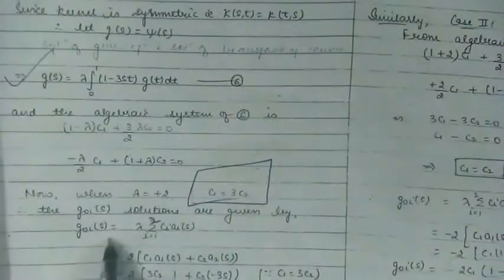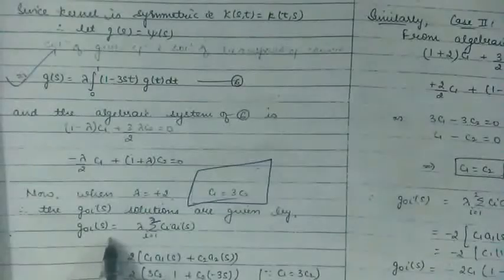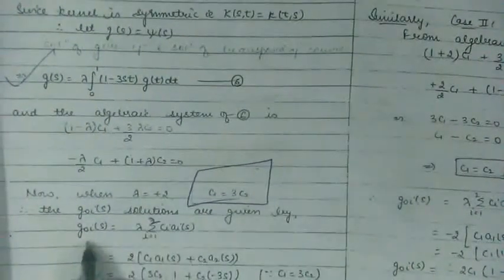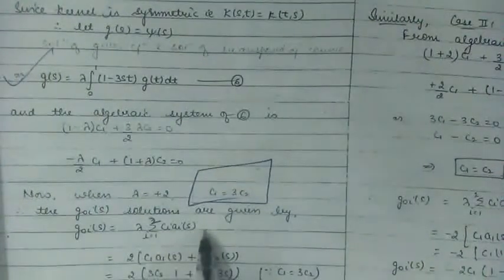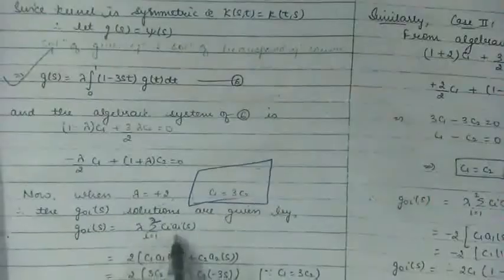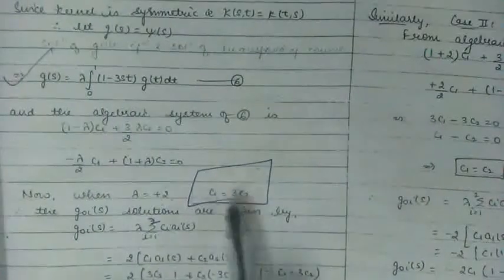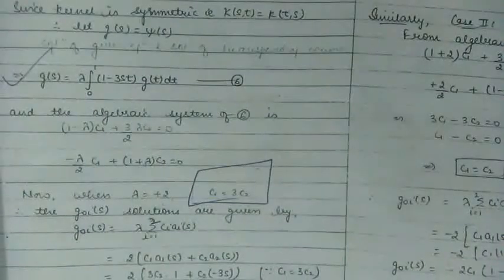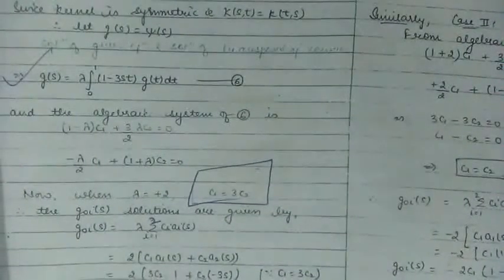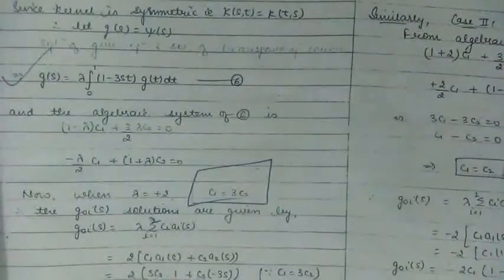Now we find the solution of the transposed homogeneous equation, which is given by lambda into summation ci ai(s). Substituting the value of c1, which is equal to 3c2, we get the solutions of the transposed homogeneous equation.